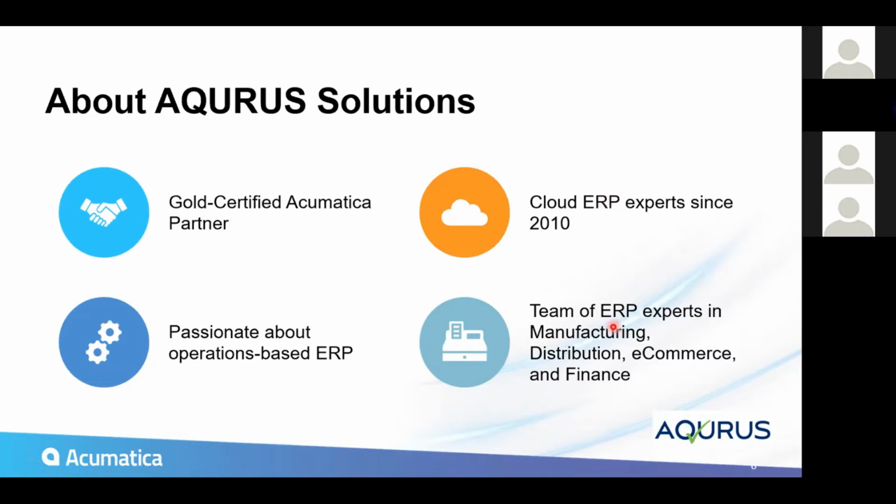Our team of experts started with me, and now our team is currently around 20 people, including CPAs and business specialists of all kinds, but particularly subject matter experts in the areas of manufacturing, distribution, and e-commerce. What we want to talk about today is we're going to get very operational focused, and we're very passionate about operations-based ERP.